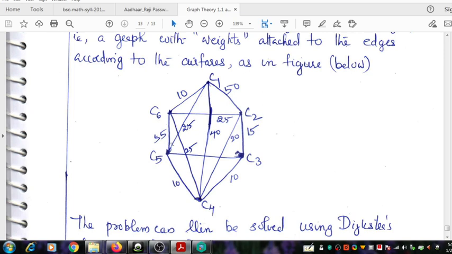Between C1 and C5 a direct flight is available, but between C5 and C2 there is no direct flight, so no edge is included. Along the edges you can see the values 10, 50, 15, 20, 40. These are the costs of the direct flights.